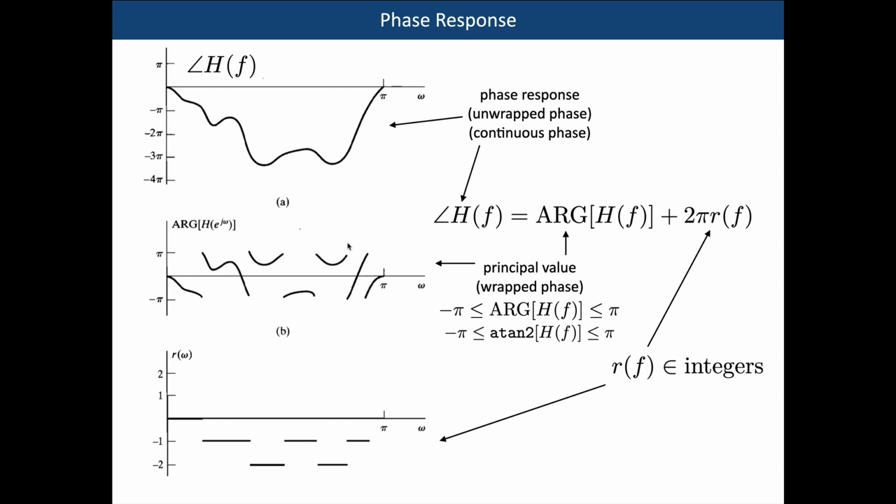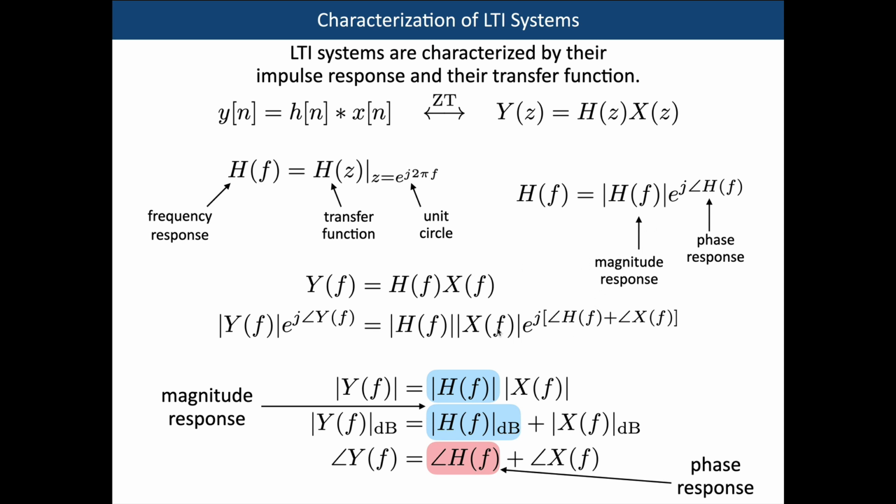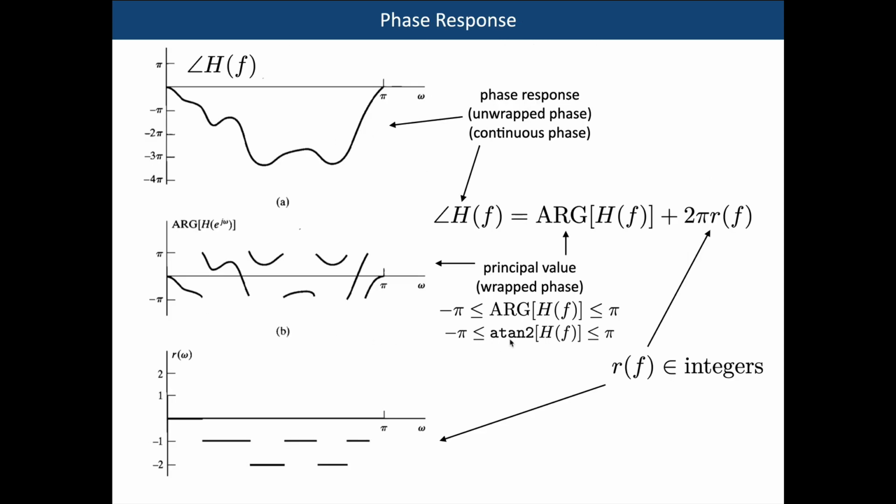When we do calculations on a computer, we can calculate the phase of a signal or of a system response, but on a computer we're using a function like a 4-quadrant arctangent function, for example, and we know that the range of the arctangent function is going to be bounded between minus pi and pi.